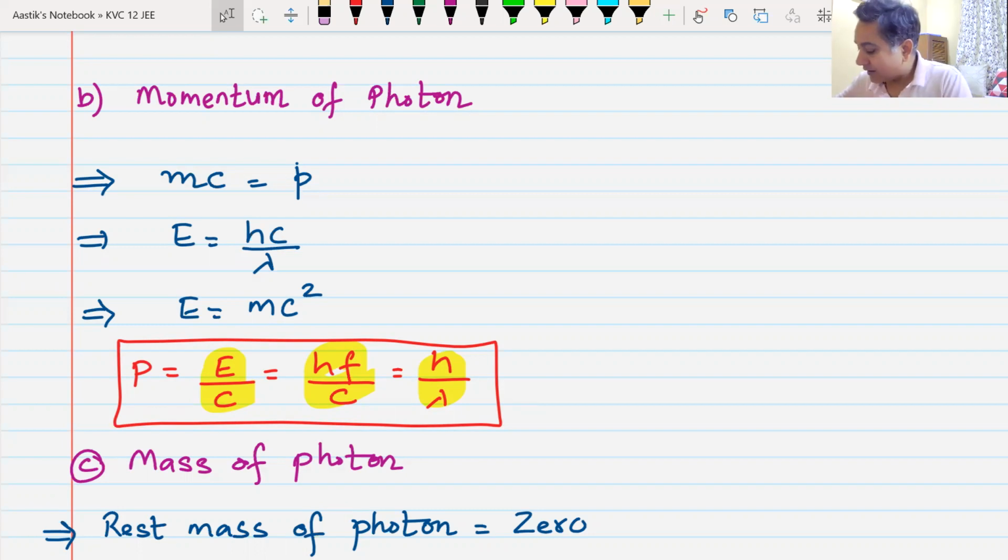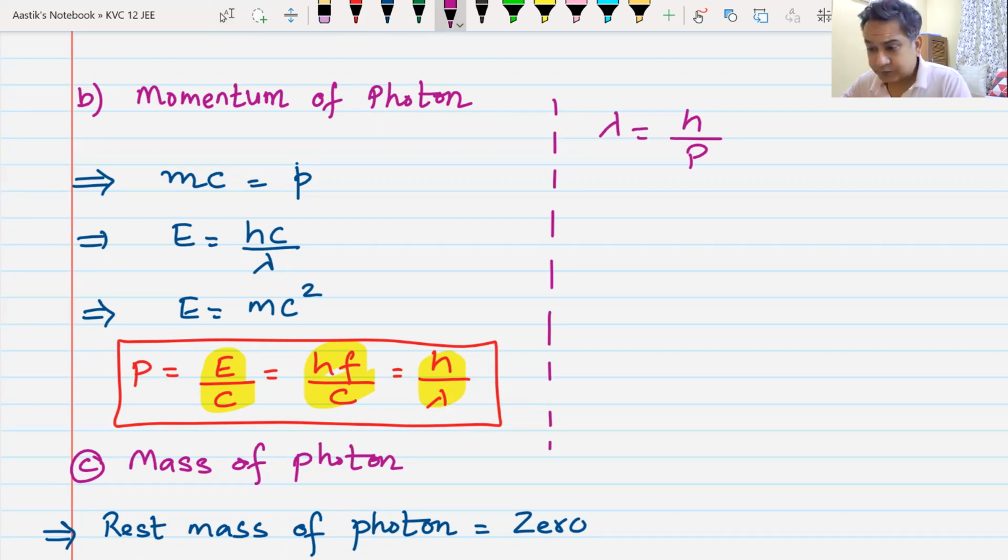Okay. Now I can write these equations in a different way. I can write the lambda of a photon as h by p. Yes or no? Yes, sir.